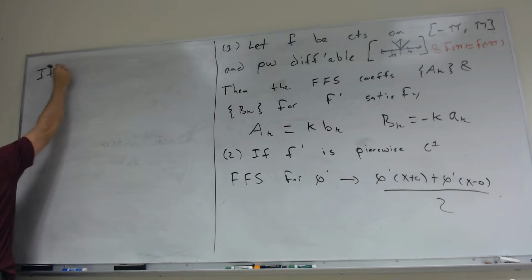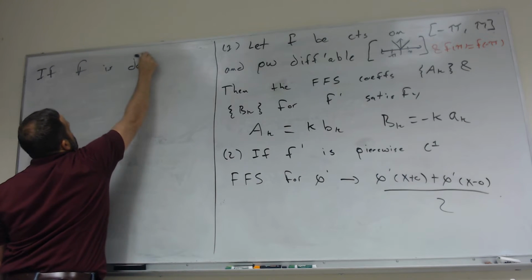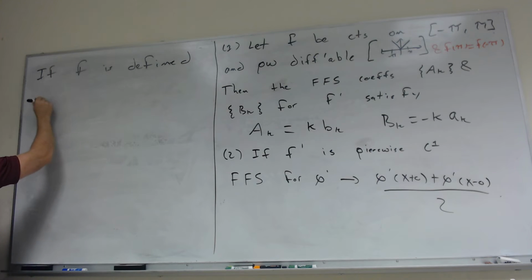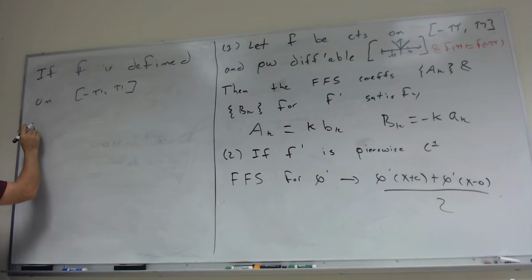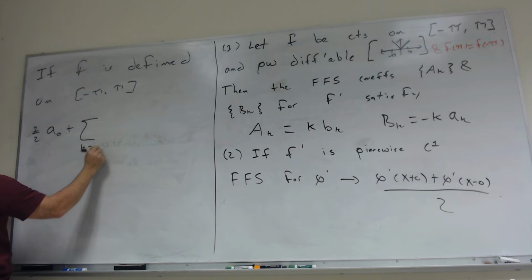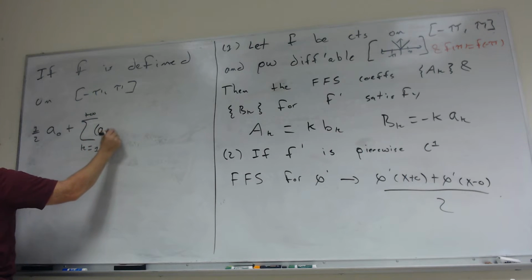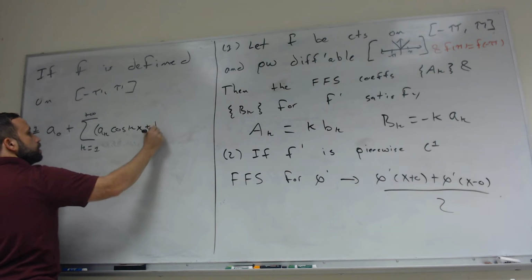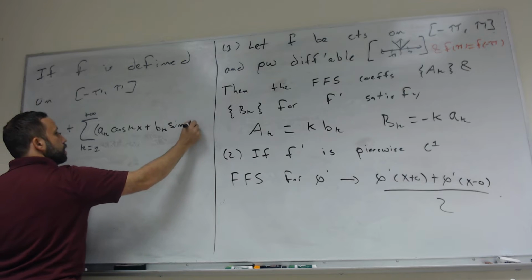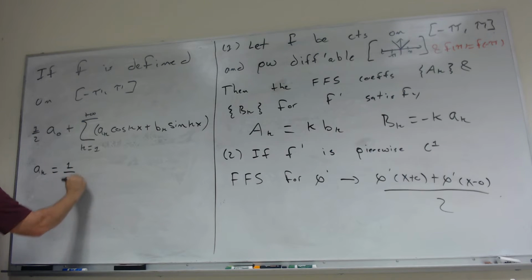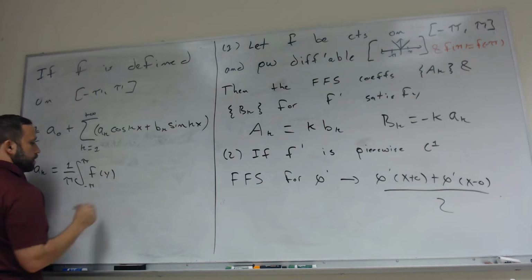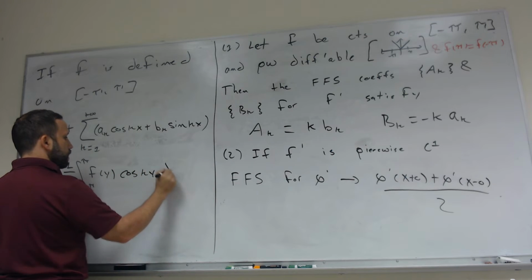So remember, if f is defined on the interval minus pi to pi, the full Fourier series is going to be 1/2 a0 plus the sum k equals 1 to infinity of ak cosine kx plus bk sine kx, where the ak's are given by 1 over pi times the integral from minus pi to pi of f of y cosine ky dy.